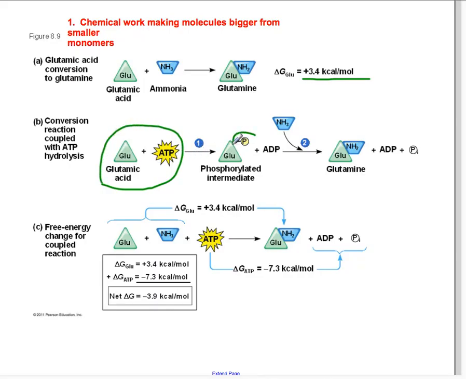Phosphate is added onto the glutamic acid. This is what we call the phosphorylation intermediate. By adding that phosphate on, it allows the reaction to proceed.